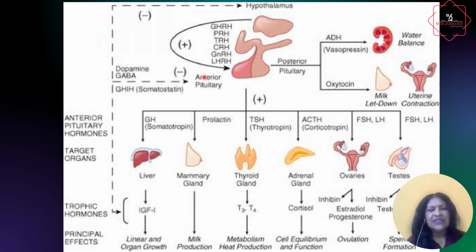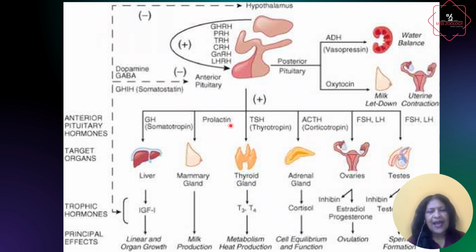Now let's see, we have all these that I spoke to you just in the last image, the growth hormone through the somatotrophin. Here it will have action on the liver and on the entire body itself, which will help in the growth of organ and total linear growth of the organism.